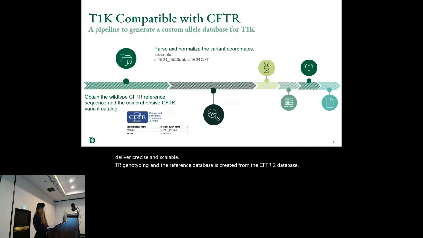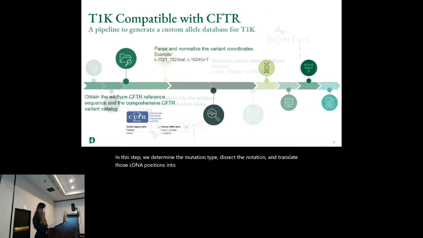To illustrate this process more clearly, here's a pipeline showing how we build the custom CFTR allele database for T1K. We start with obtaining the CFTR reference sequence and retrieving a comprehensive variant catalog from the CFTR2 database. Each variant name is then parsed and normalized to prepare for the sequence induction. In this step, we determine the mutation type, dissect the notation, and translate those cDNA positions into genomic coordinates.